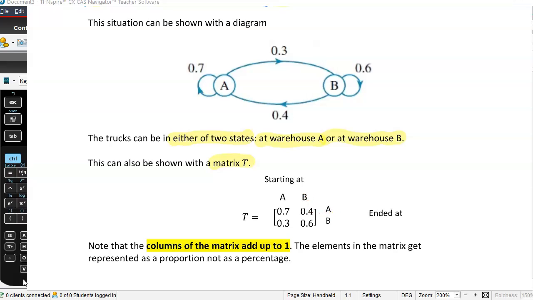And then 60%, 0.6 that start at B, the next night will be again at B.